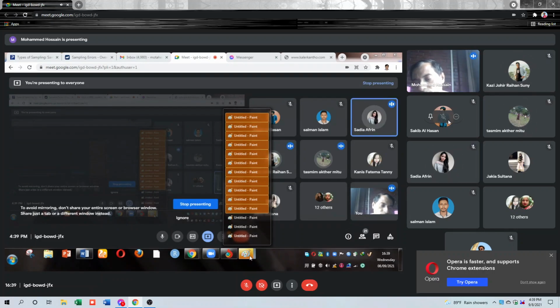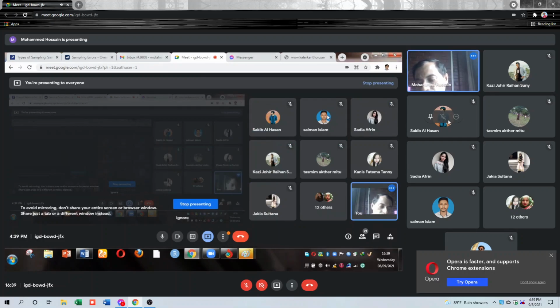So within homogeneous means what? Homogeneous means the characteristics of the population are almost the same or similar, not exactly the same.